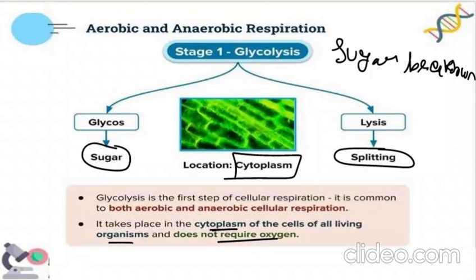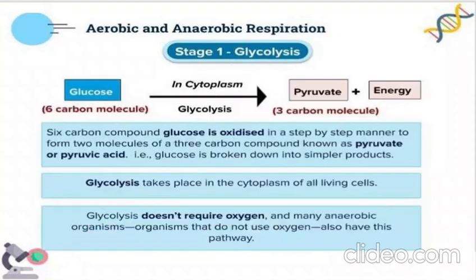Cytoplasm is the jelly-like liquid substance where the organelles float. In there, glycolysis takes place. Oxygen is not required, but it occurs in both aerobic and anaerobic conditions.